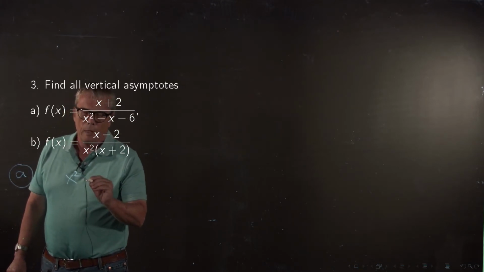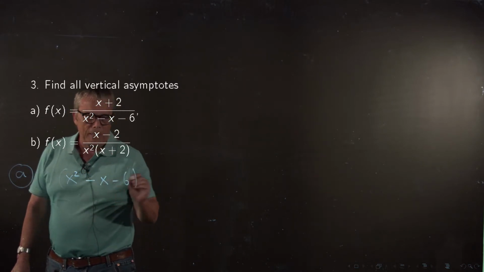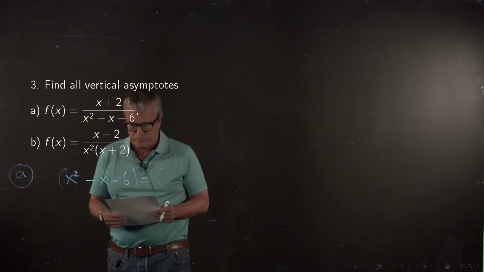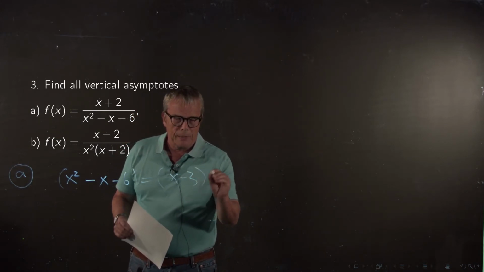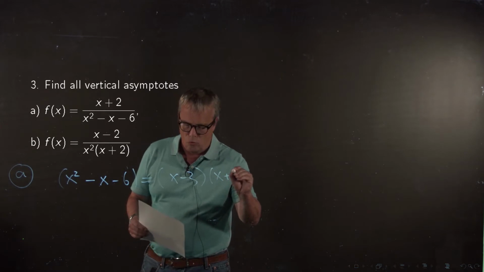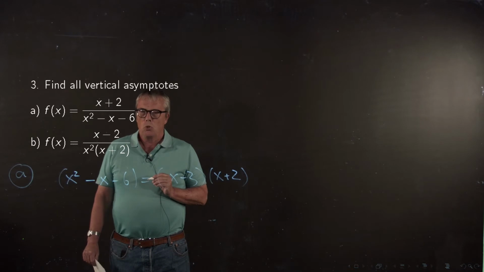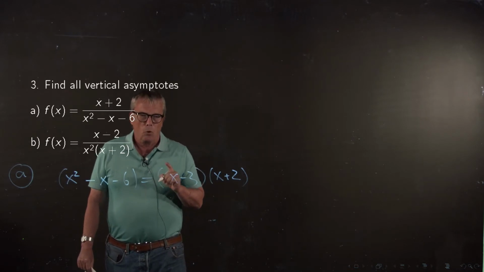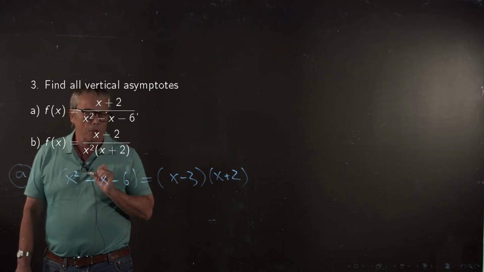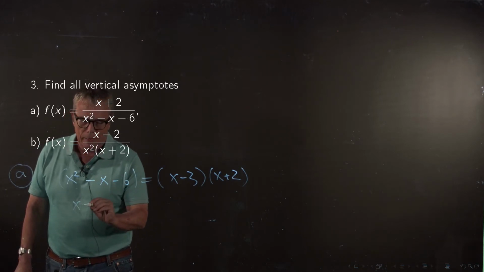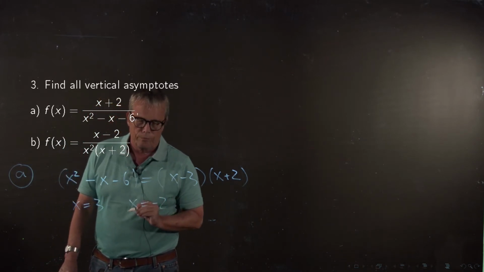So x squared minus x minus 6 factors as x minus 3 times x plus 2. So the possible vertical asymptotes are x equals 3 and x equals minus 2.